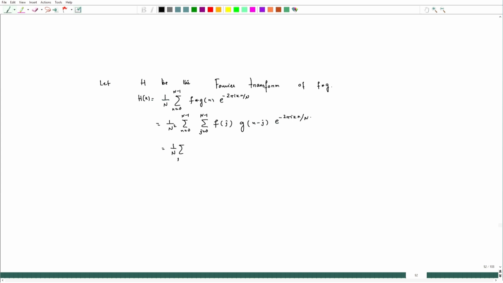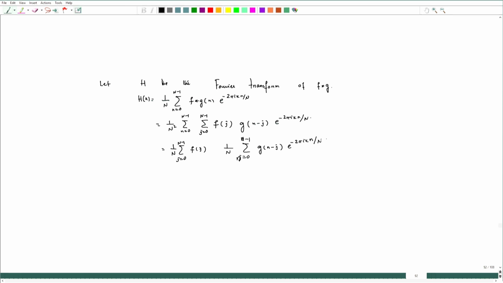So, this is j equal to 0 to N minus 1 f(j), then 1 by N summation over n equal to 0 to N minus 1 g(n minus j) e to the power minus 2 pi i k n by N. Now, I make a change of variable n minus j. So here I am going to get an extra factor.